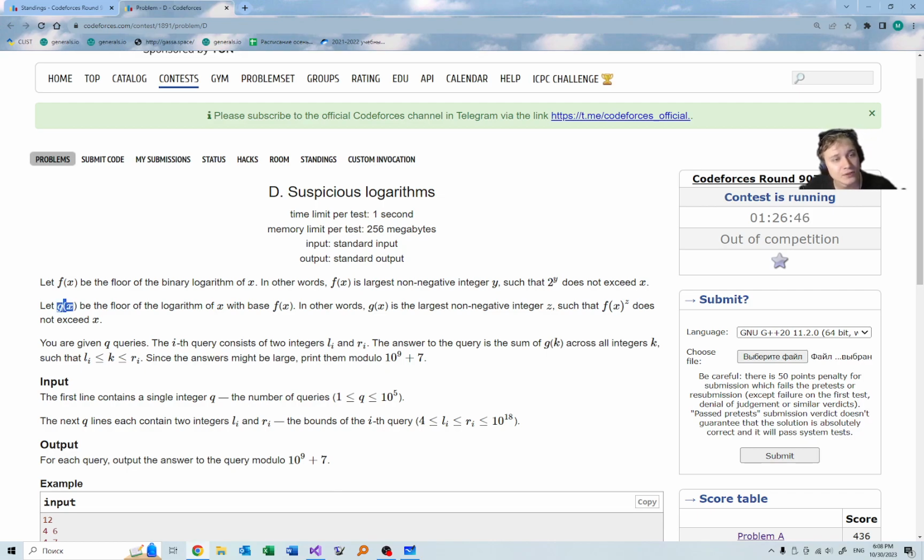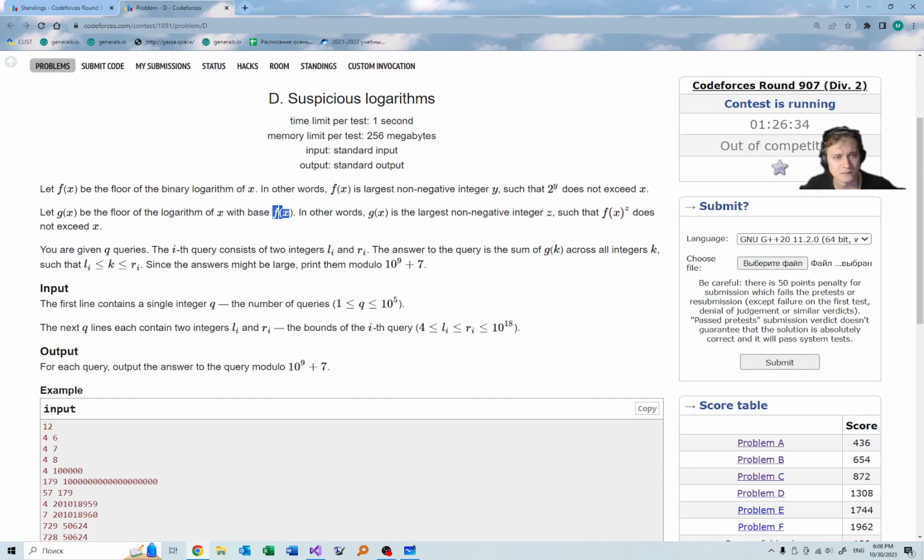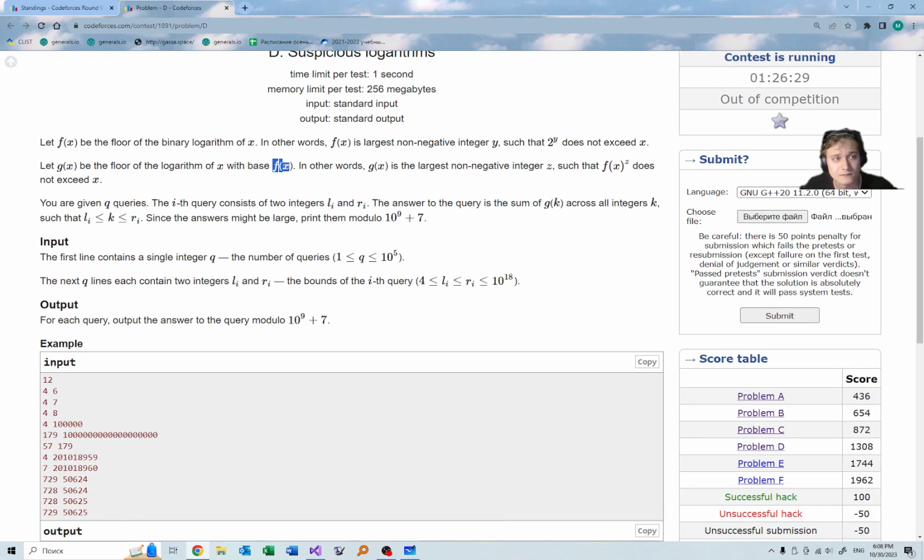So let g be the floor of the logarithm of x with base f of x. This is crazy. We're given q queries. The ith query consists of these two integers. We need to print the sum of g of k across all such numbers.